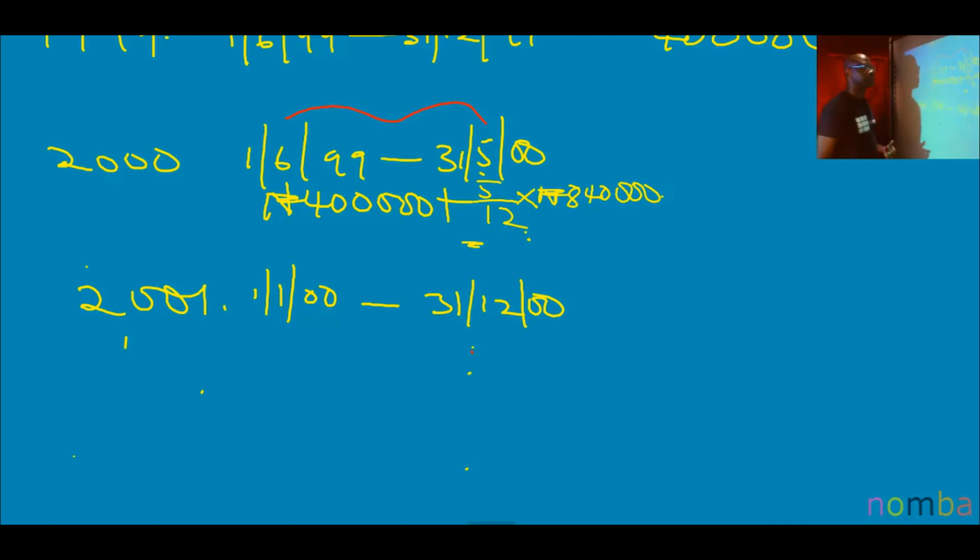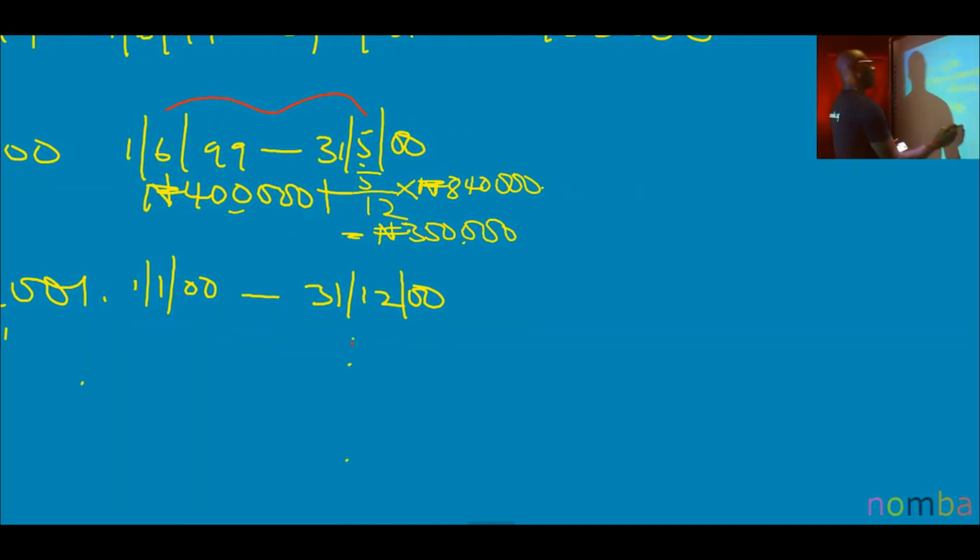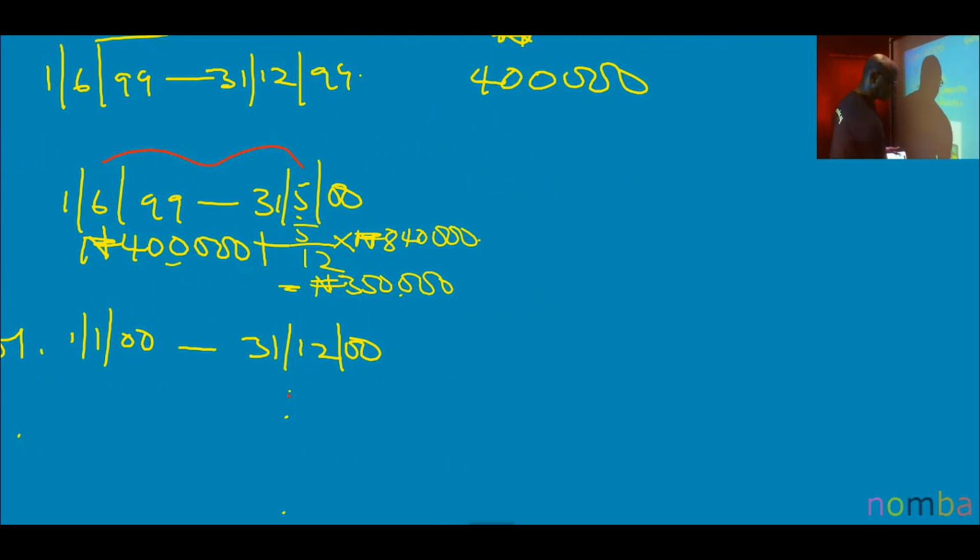This is equal to 5 over 12 times 840,000. That gives me 350,000. So if you add 350,000 to this 400,000, I should be having how much? 750,000. That's for that year.